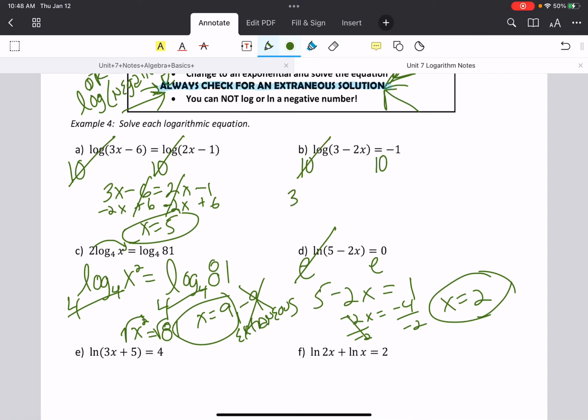So 3 minus 2x is 10 to the negative 1. Negative exponents move things to the other side of the fraction. So 3 minus 2x is 1/10.